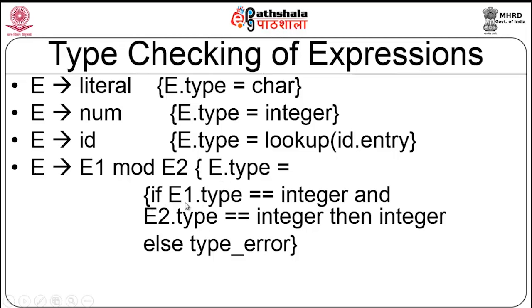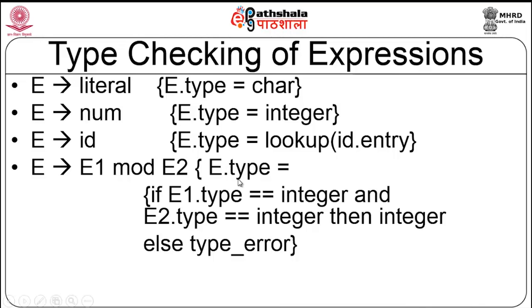So the rule formation here is, if E1 dot type is equal to integer and E2 dot type is equal to integer, only in this scenario I can perform the mod operator. The mod operator result will be a remainder after computing division. So it is going to return integer as the type, and that is assigned to the LHS expression E as type.